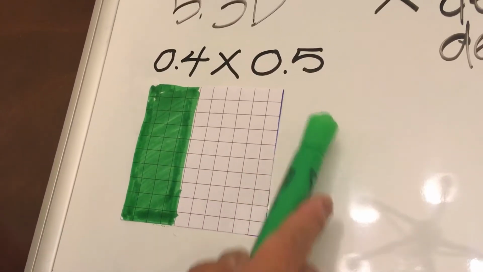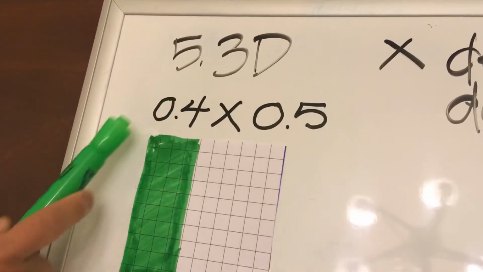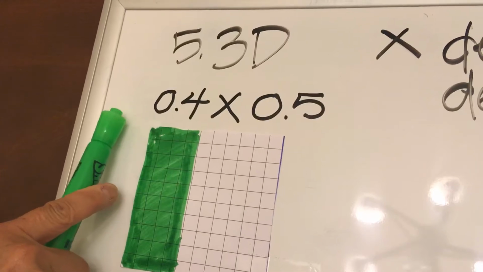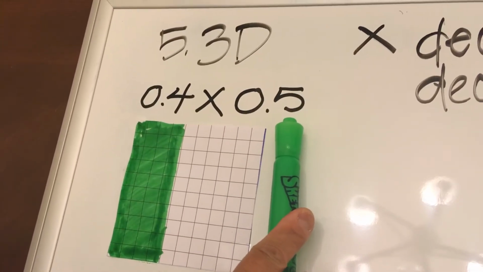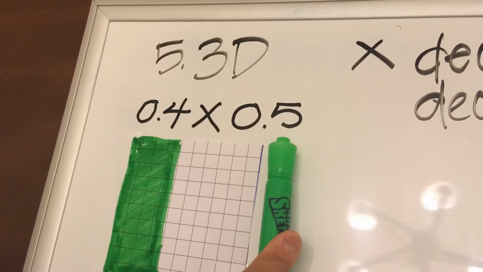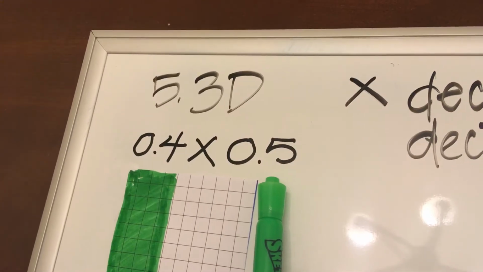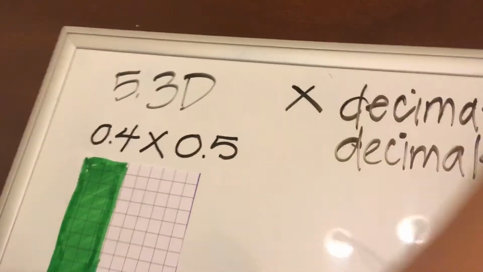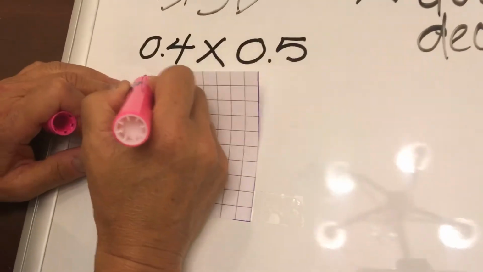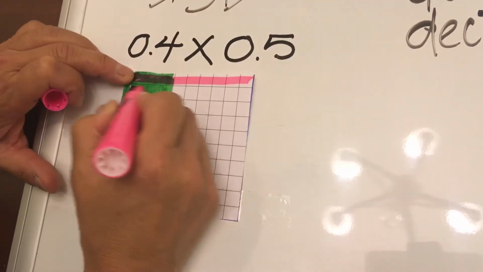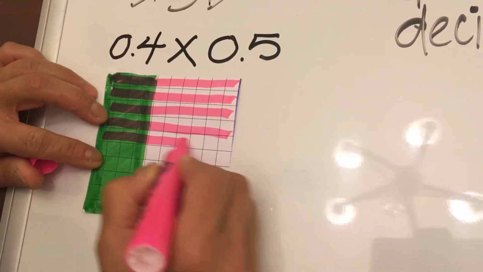Now, when you see this, what this means is I want 5/10 of this 4/10. So literally, I can chop this in half because 5/10 represents 1/2. I can write it as 5/10, and equivalent fractions also tells me that it's half. So instead of cutting this piece of paper, we're going to look for 5/10 here. 1, 2, 3, 4, and 5/10.